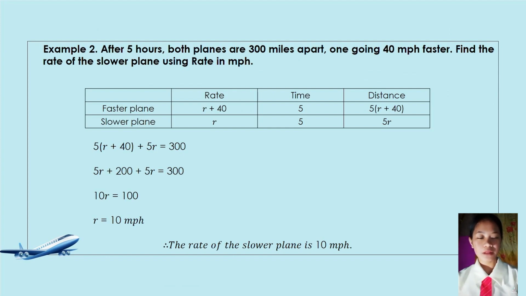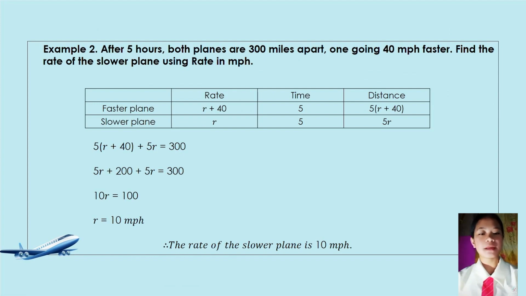Okay, we have the formula or the solution here. 5 multiplied by r plus 40, plus 5r, is equal to 300. 5 multiplied by r equals 5r, and 5 multiplied by 40 is 200, plus 5r is equal to 300.